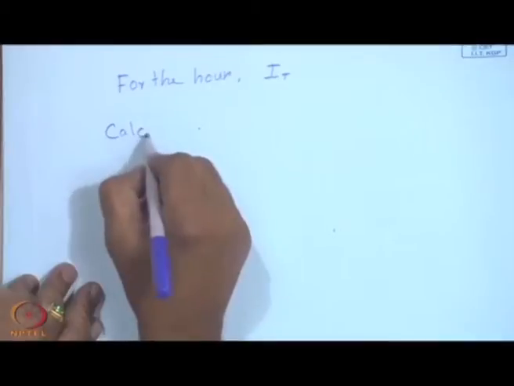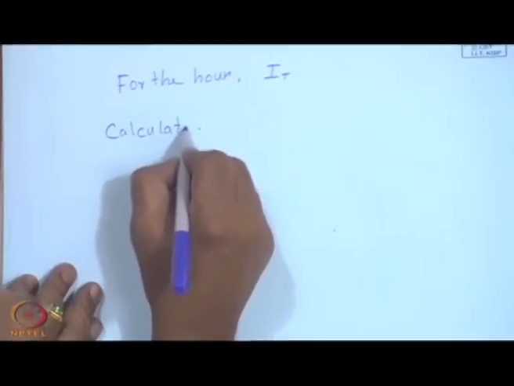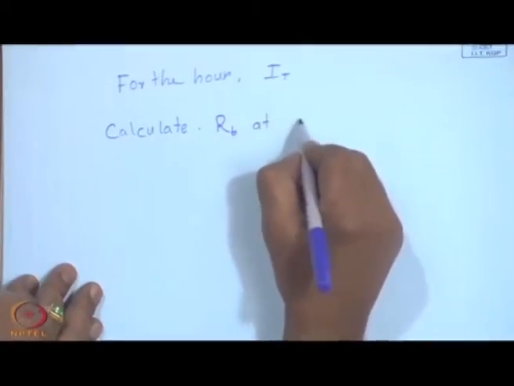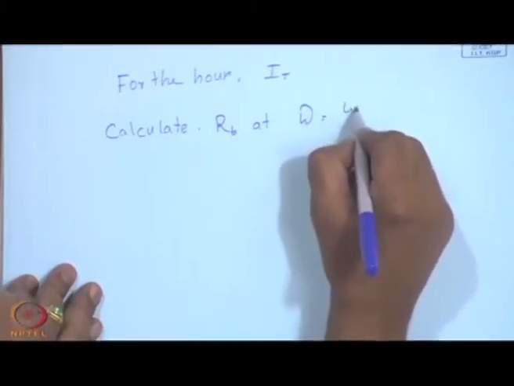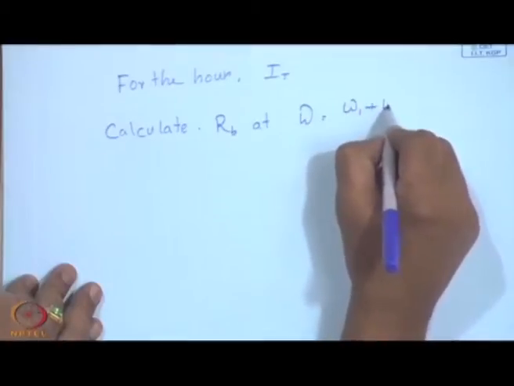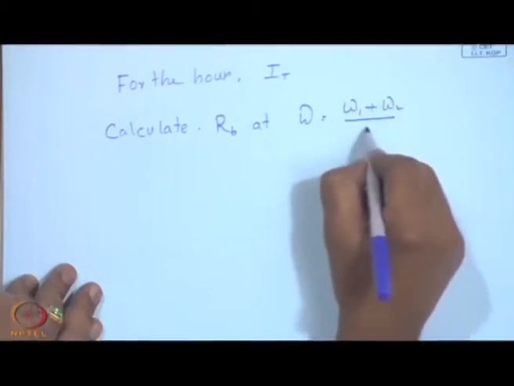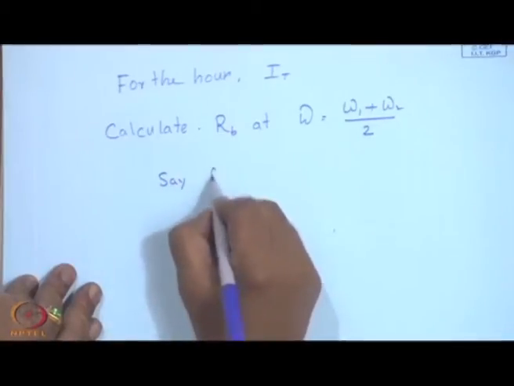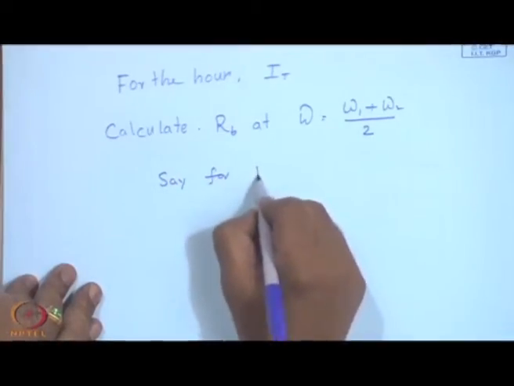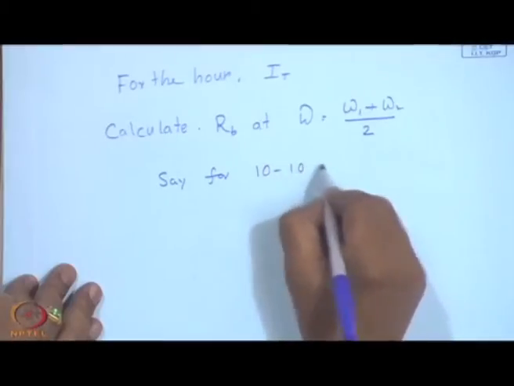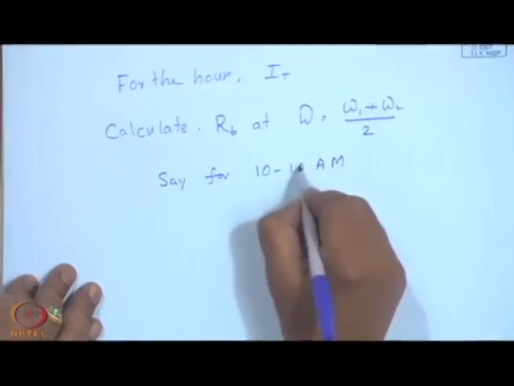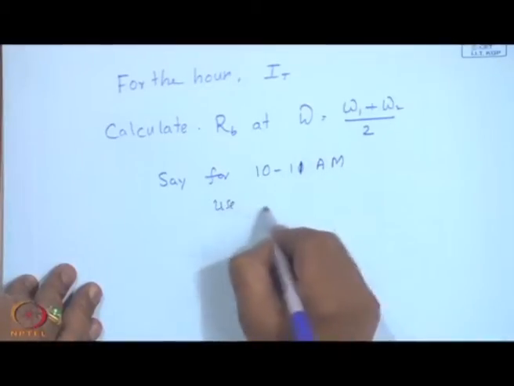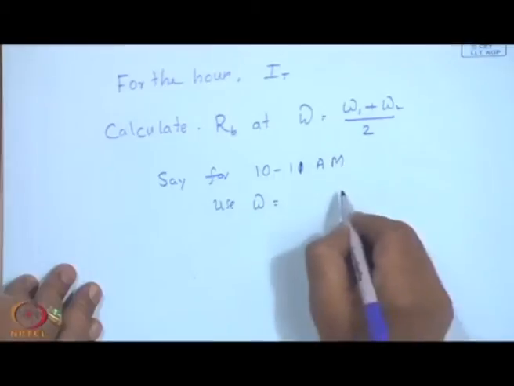Calculate R B at the midpoint of the hour, that is, say for 10 to 11, use omega equal to how much it will be.